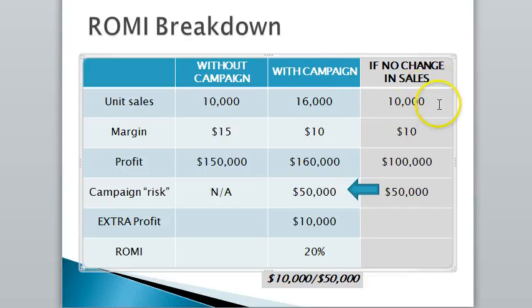So if nothing happens, we will be $50,000 worse off. The only way this discount works for us as profit is that we can increase sales volumes. Okay, so we don't actually take it out because it's already come out of money as it's coming in, but then we say, well, that is our marketing risk or our marketing investment. So in this case, our return on investment is only 20%. So it's $10,000 over the 50 we risked, and that gives us our 20%.